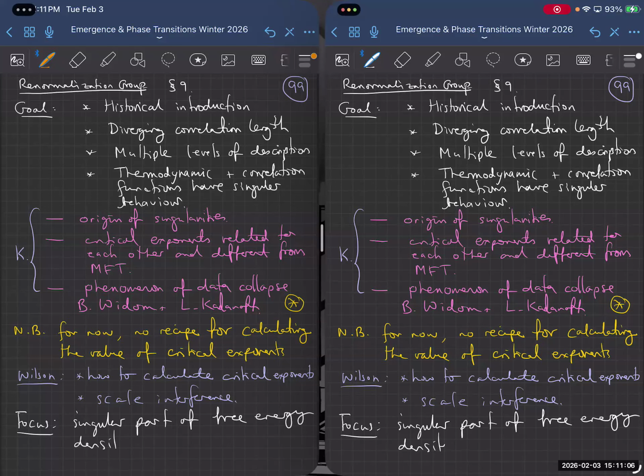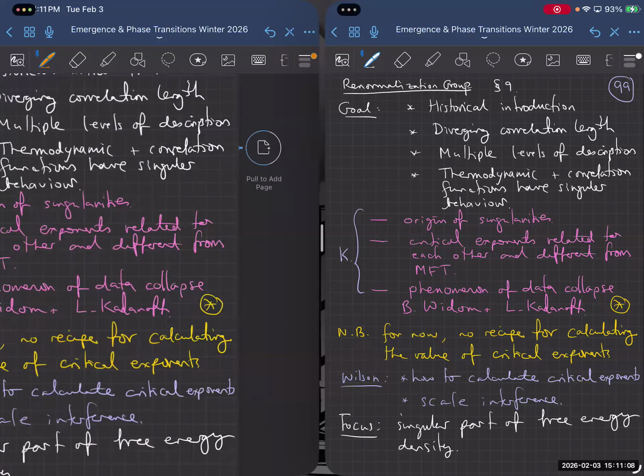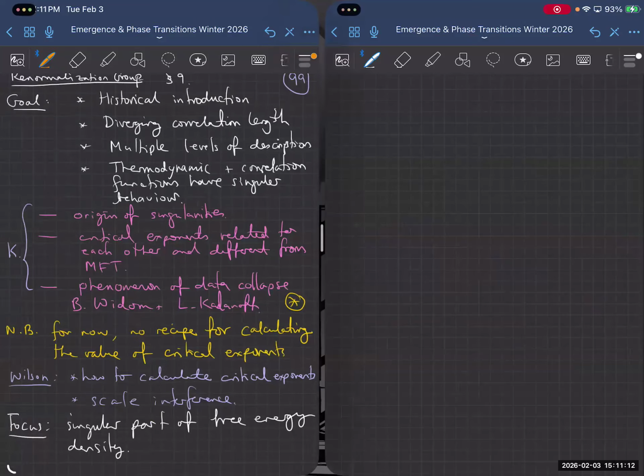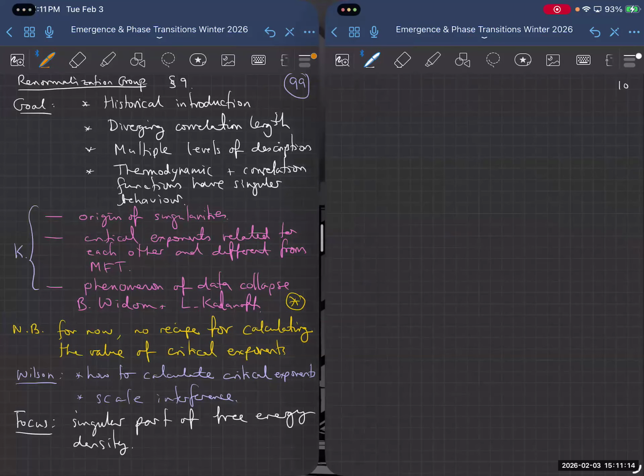I want to make this very clear, because when people encounter phase transitions and the renormalization group in non-condensed matter situations, they get very confused about this thing here. So let me tell you what I mean by this.